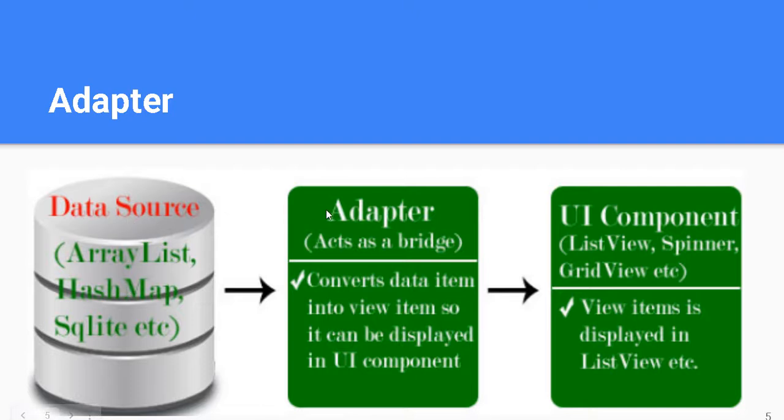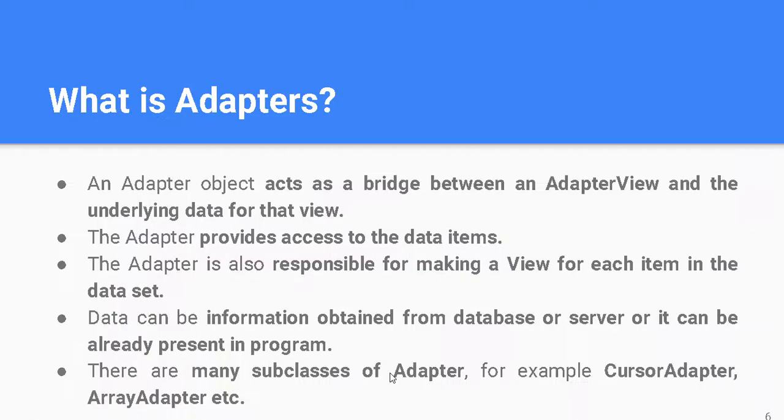The data source will be displayed in your list view or any other view using your adapter, so the role and responsibility of an adapter is to convert your data items into view items using several other UI components. As I already told, an adapter is a bridge between the adapter view and the other data view.